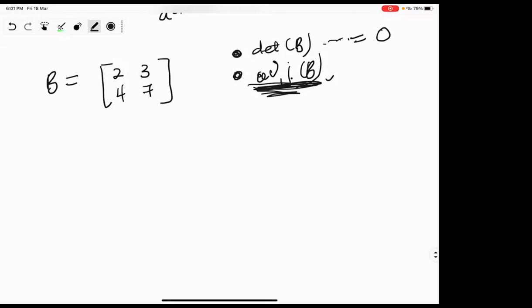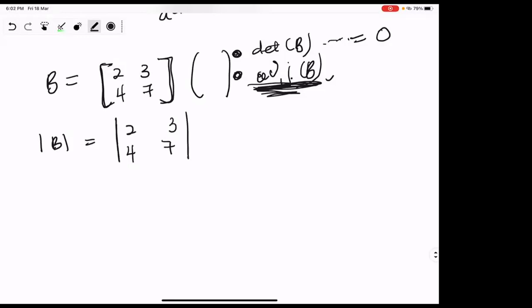So given matrix B, we first find the determinant, which is given by the absolute value of B, with entries 2, 3, 4, 7. If you see absolute value bars around a matrix, it means you're looking for the determinant. And if it's a square bracket or a round bracket, then it means it's a matrix or a vector.